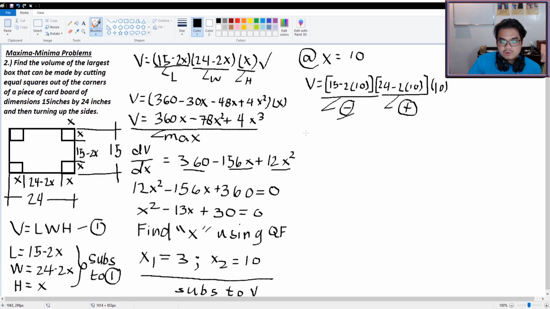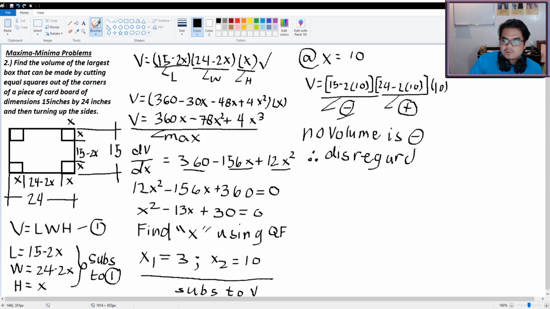But we all know there's no volume that is negative. Therefore, what we will do is, of course, we have to disregard x equal to 10.